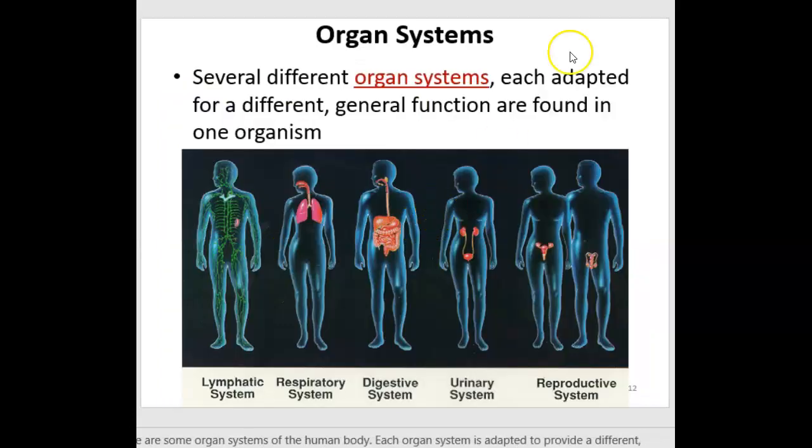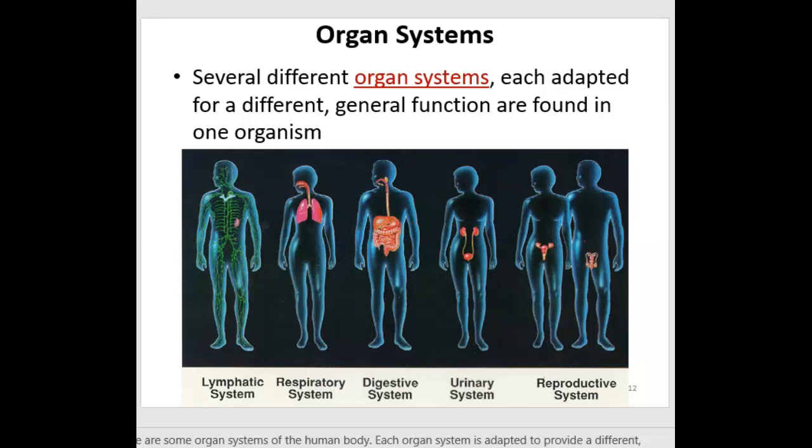Okay, the next part of our lecture we'll review organ systems, and there's 11 different organ systems that you're going to learn. On this slide what you see are the lymphatic system, the respiratory system, digestive system, urinary system, and then the reproductive systems in the male and the female. Since you're human, you're familiar with all of these, and maybe not the lymphatic so much, but the rest you are.